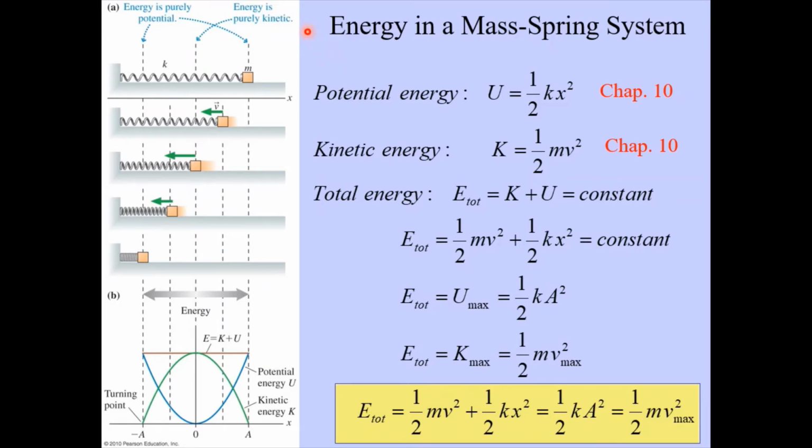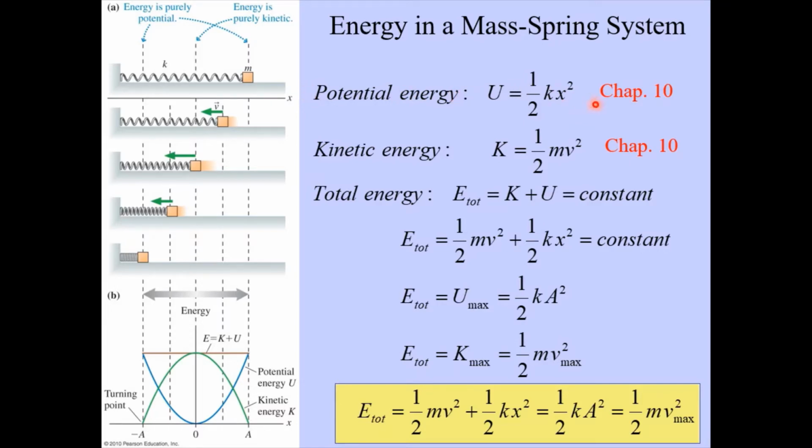So energy in the mass spring system is related to some concepts that we learned earlier in the course. So there's really nothing new here. In particular, there are two types of energy that the mass spring system has. That is the potential energy due to the elastic potential energy in the spring.